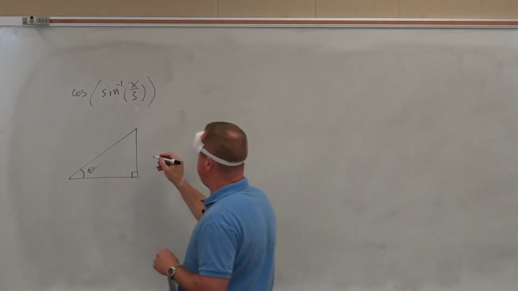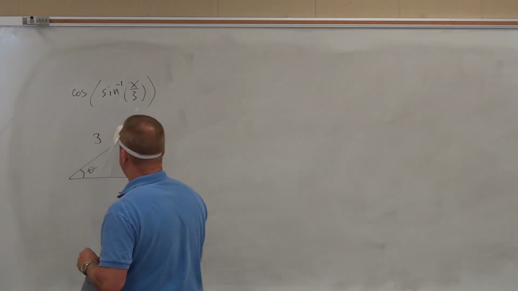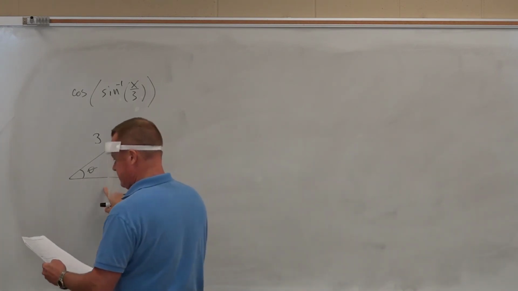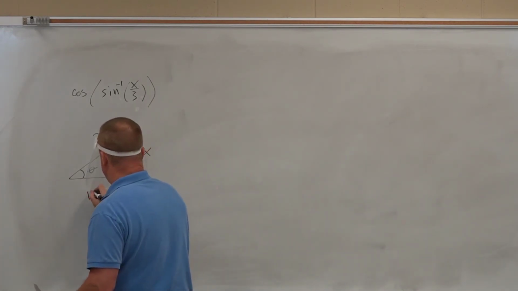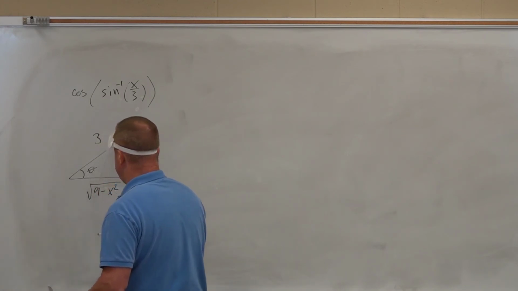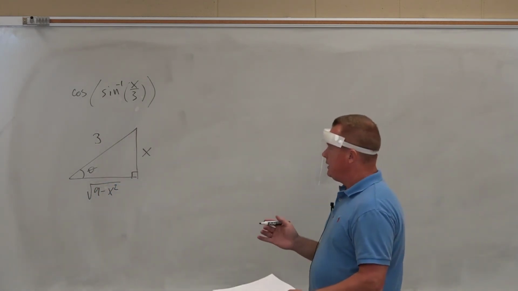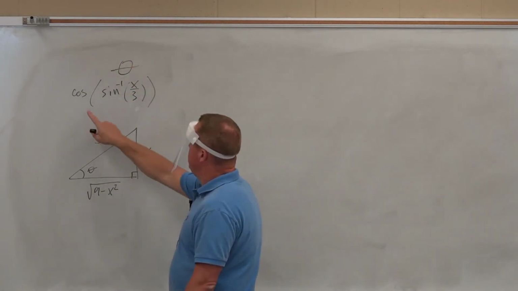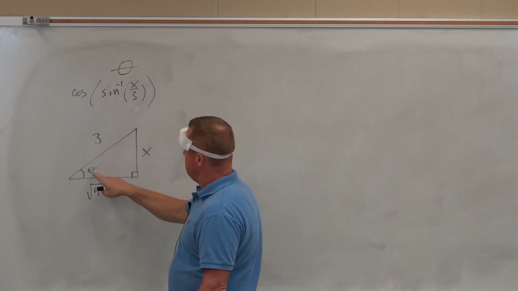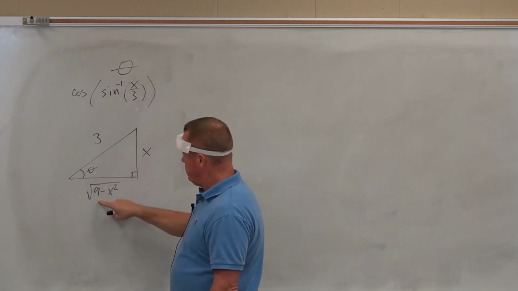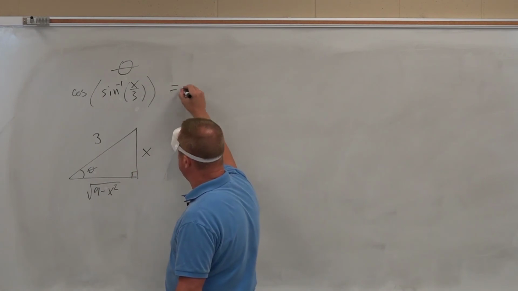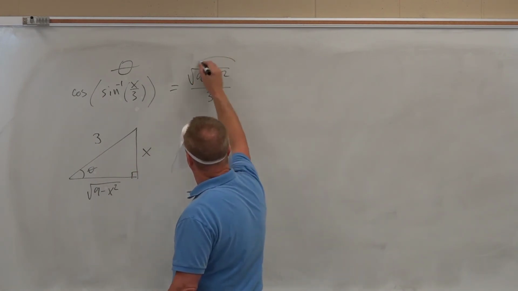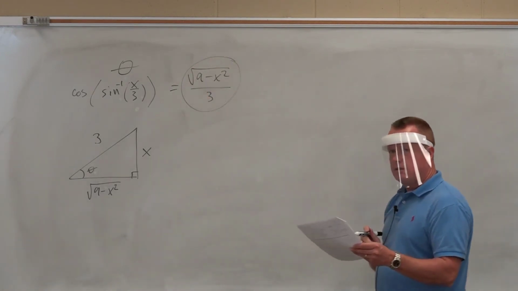So I can let this side be x, this side be 3, and then with the Pythagorean theorem, this side here is going to be the square root of 9 minus x squared. Since this is the angle, the cosine of this angle, adjacent over hypotenuse, will be this over this. So that is equal to root 9 minus x squared over 3.